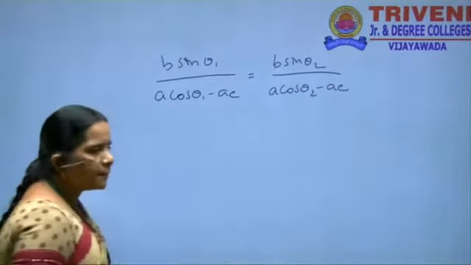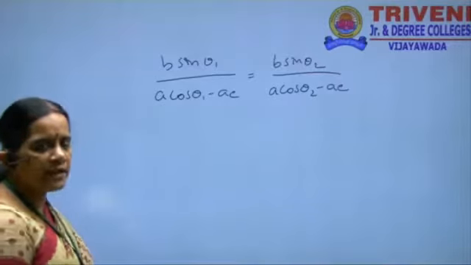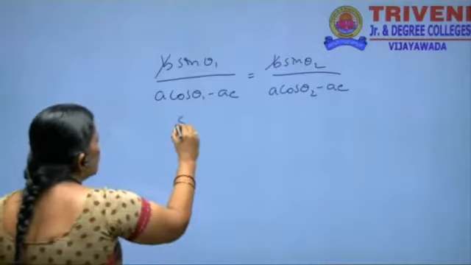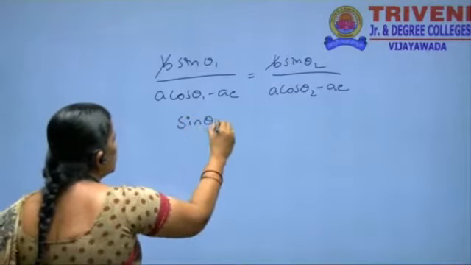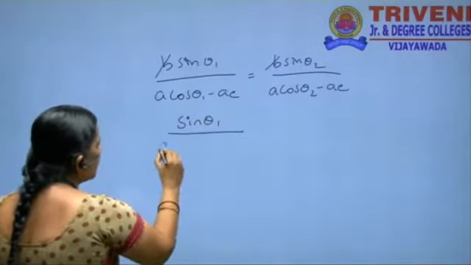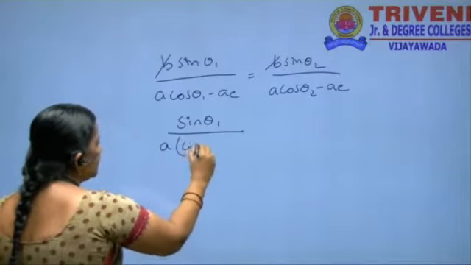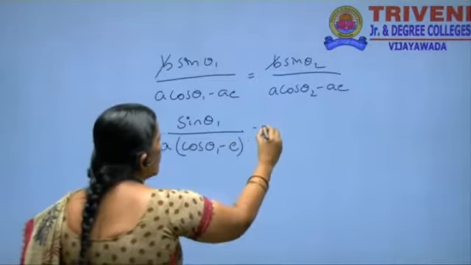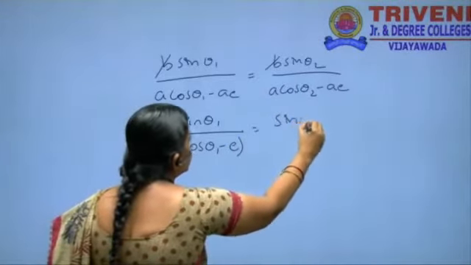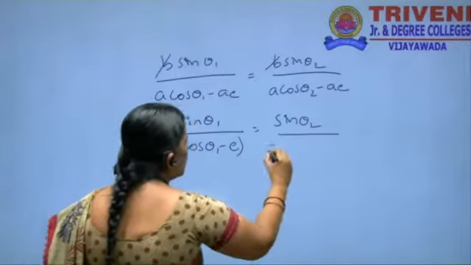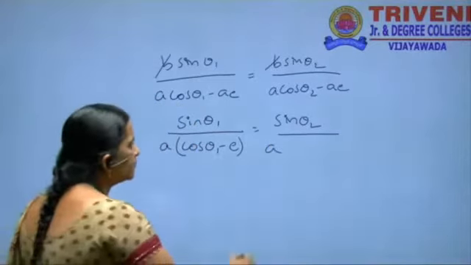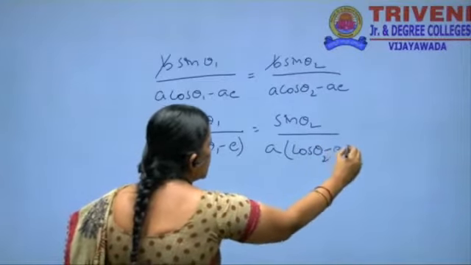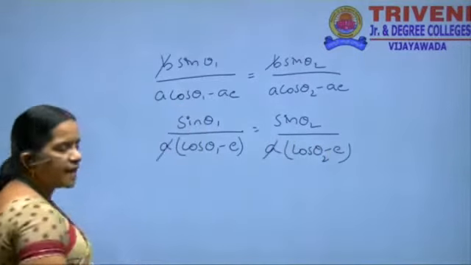In the denominator, the b's get cancelled. Then sin theta 1 by a into (cos theta 1 minus e), and here also sin theta 2 by a into (cos theta 2 minus e). Here the a's get cancelled.